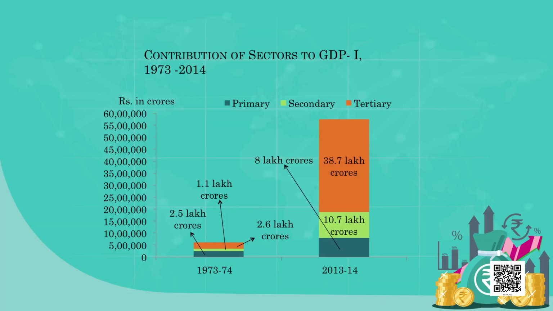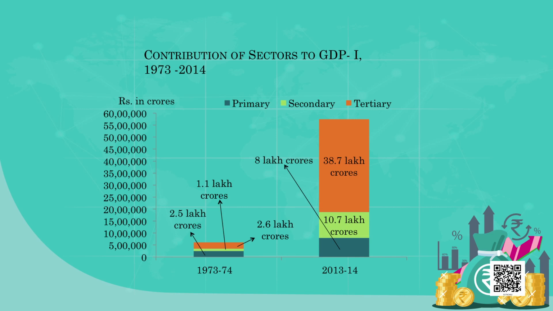So for that purpose, I am showing you some diagrams. Look at this diagram, the first diagram, contribution of sectors to GDP 1973 to 2014. I am giving you the data for 1973-74 and 2013-14.